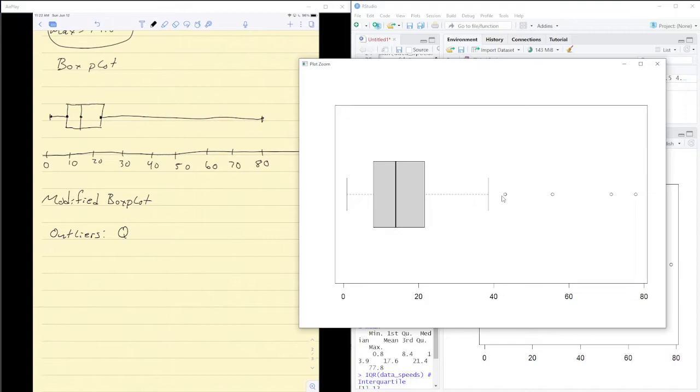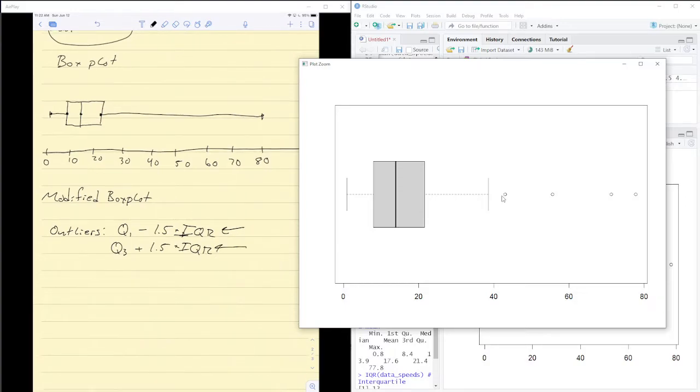We look at your first quartile minus 1.5 times your interquartile range, and your third quartile plus 1.5 times your interquartile range. Anything smaller than the first value is an outlier. Anything bigger than the second value is an outlier.